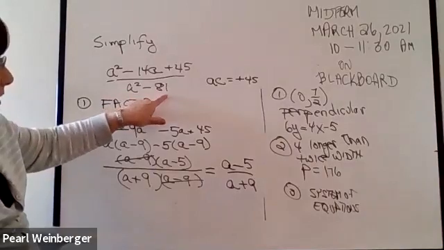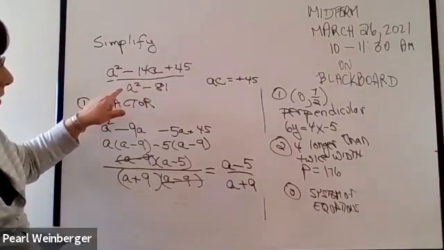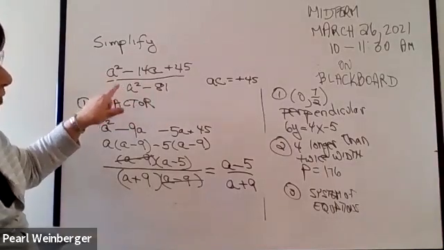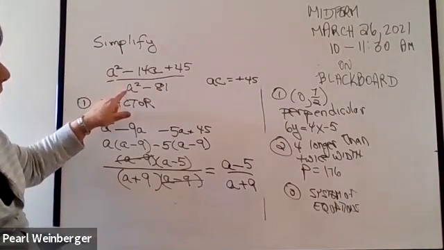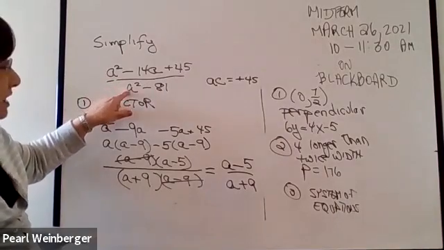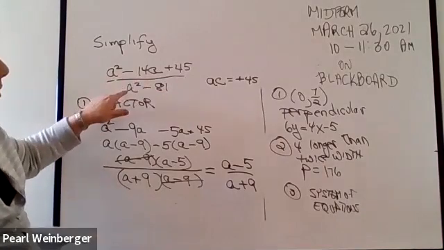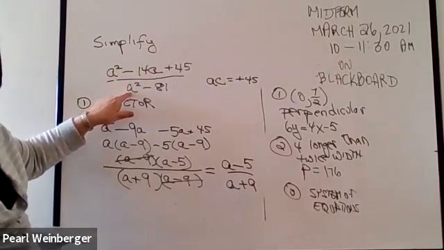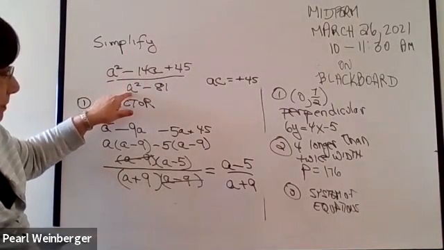Professor, how did you get the a plus 9? When I factored a squared minus 81, and this is a very important type of factoring you have to know how to do, what we call the difference of squares, where the first number is a square, this is a times a.